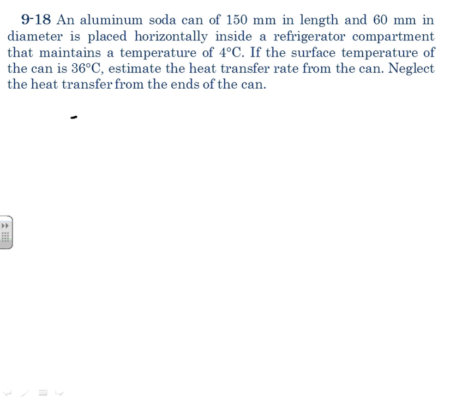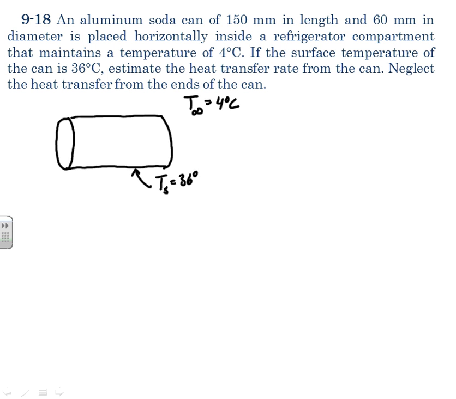Okay. So we have this soda can and it's lying horizontally inside a refrigerator, and the refrigerator is kept at 4 degrees C, so that's going to be our T infinity, and we're told that the surface of the can is Ts equal to 36 degrees C. Because the refrigerator is at this cold temperature, it's going to cool the can down, so we're going to have some heat transfer leaving that can in the form of Q dot convection, or natural convection to be more specific.